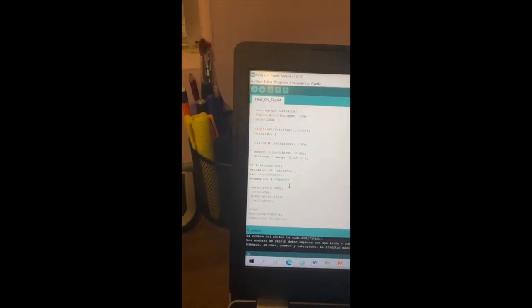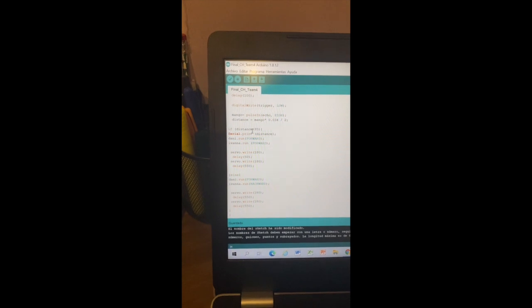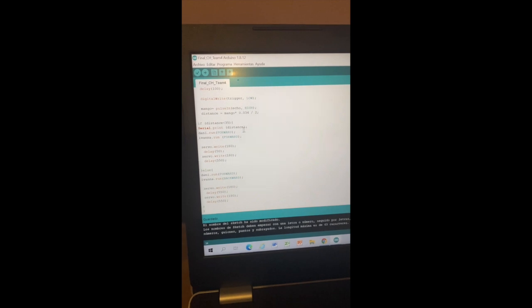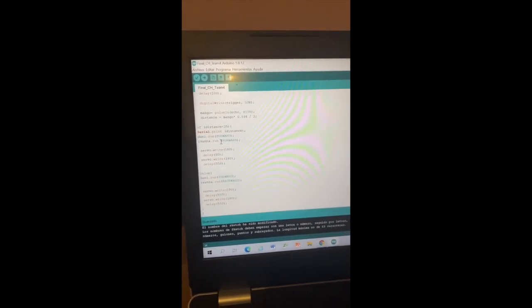And now we've got the conditionals. We have that if distance is less than 35, now we're gonna print in the serial monitor distance, and these motors are gonna go forward.